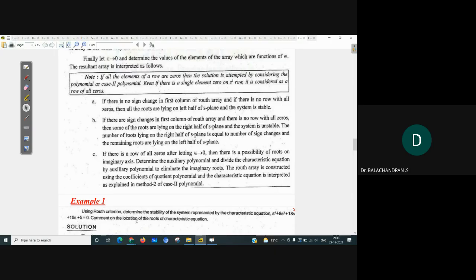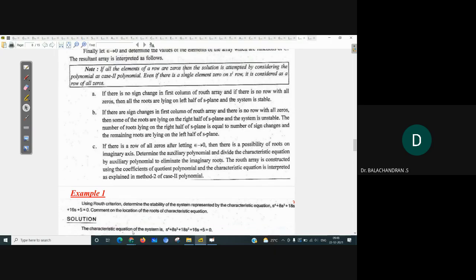Comment on the location of the roots of the characteristic equation. So this is the given characteristic equation.